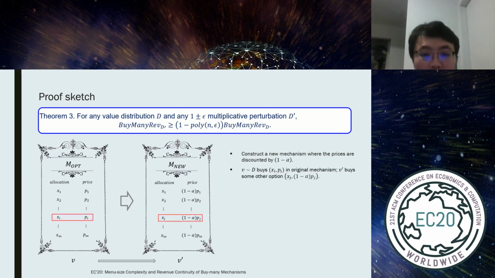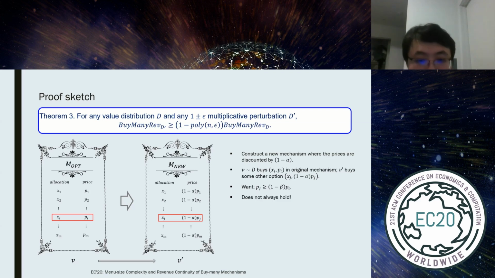For any buyer that purchased a lottery with xi in the original mechanism, she may purchase a different menu option with allocation xj after her value is perturbed in the new mechanism. So if the buyer's payment in the new mechanism is always close to her payment, for every buyer type, then the expected revenue is also close and the theorem holds.